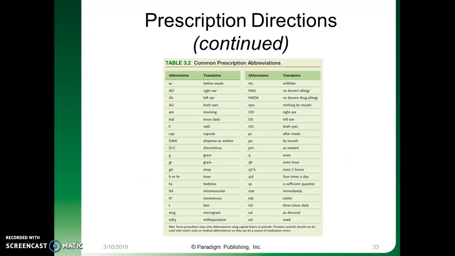Table 3.2 lists some common abbreviations. So sometimes you'll have, for example, AC, which means before meals.